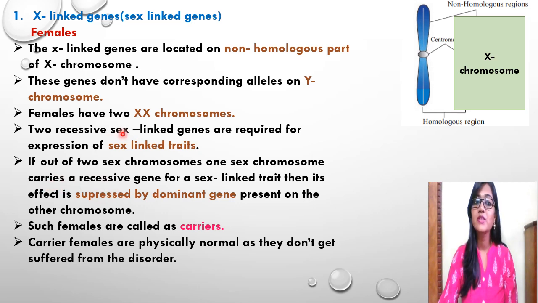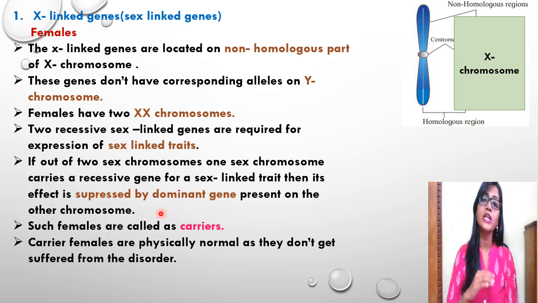As both X chromosomes are not carrying the same genes, the effect of the recessive gene on one X chromosome is suppressed by the dominant gene which is present on the other chromosome. One has the sex-linked gene, the other has the dominant gene, so the recessive character will get suppressed.